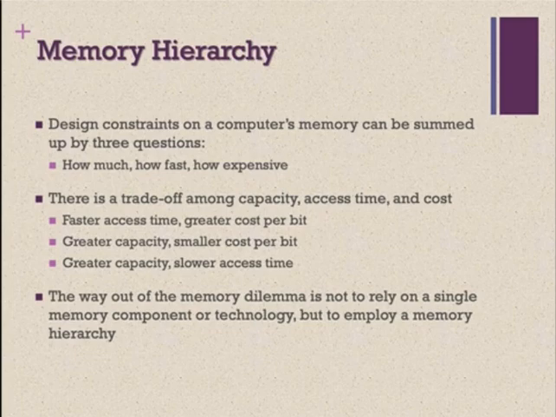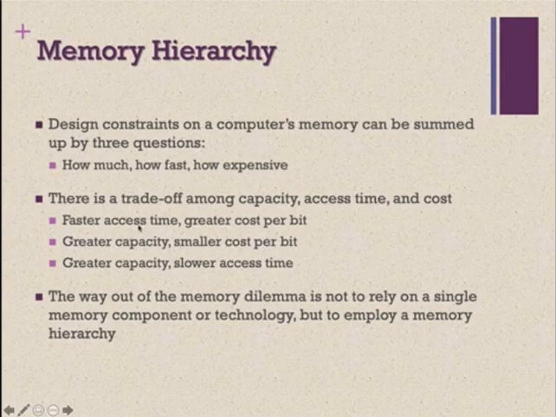So we ask three questions: how much, how fast, how expensive. It's a trade-off amongst capacity, access time, and cost. Faster access time means greater cost per bit.